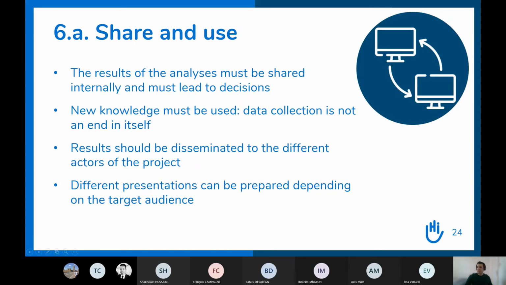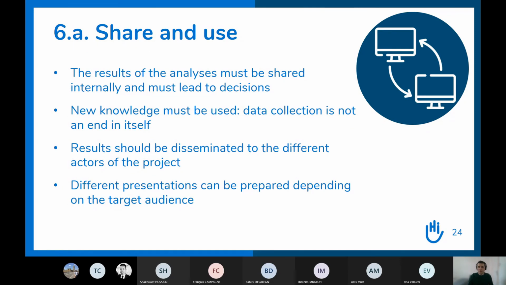Okay, and then the final step is actually divided into two. The first one is share and use. Once you have finished your analysis, you have to share the results. First you have to share the results internally, and these results must lead to decisions.